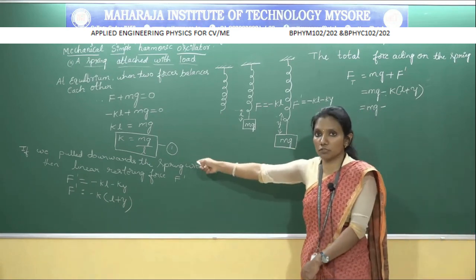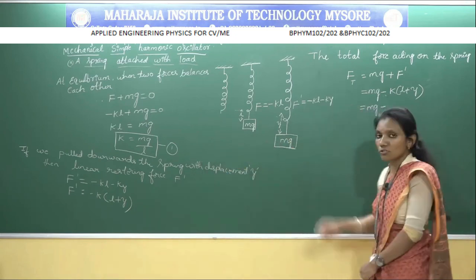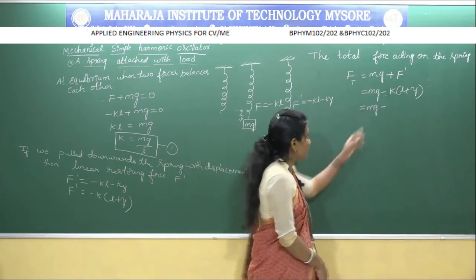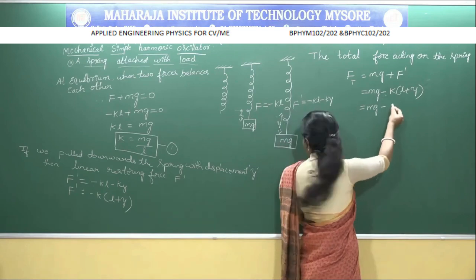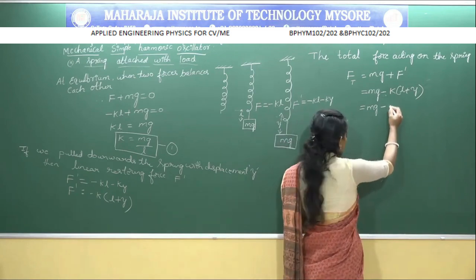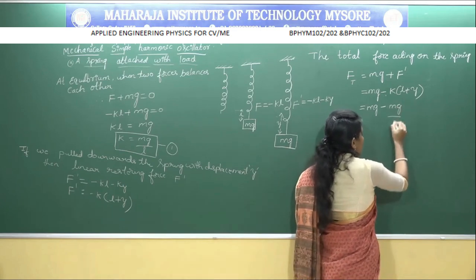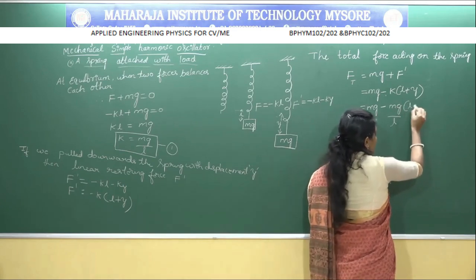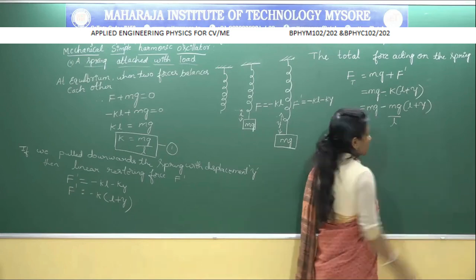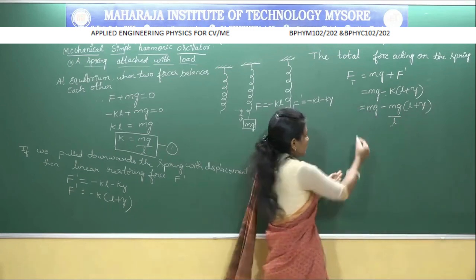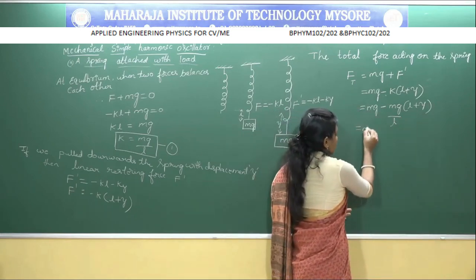By substituting equation 1, then what we will get? So mg is equal to minus k, that is mg by L, into L plus y. Now open this bracket, then what we will get?